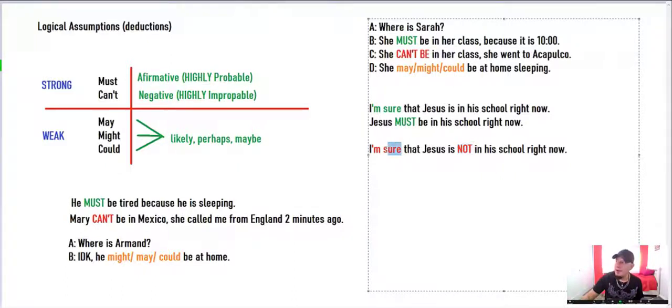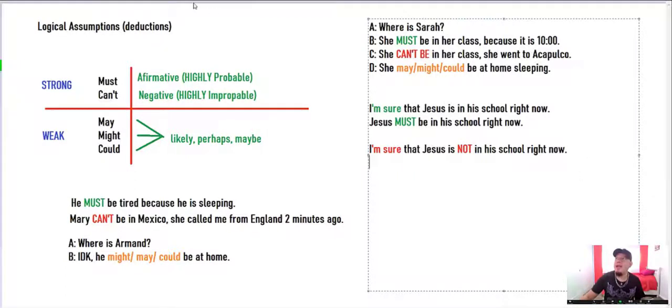So we are expressing something probable but negative. You notice? In this case, I cannot use must, because must is only for strong but affirmative. And this one is strong but negative. So in this case, what we need instead of must is can't, because it is negative.